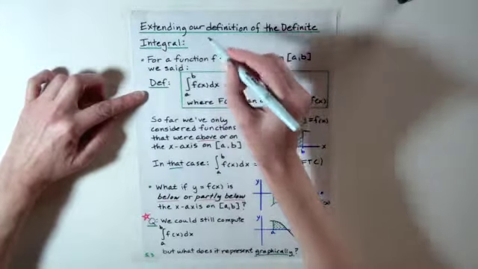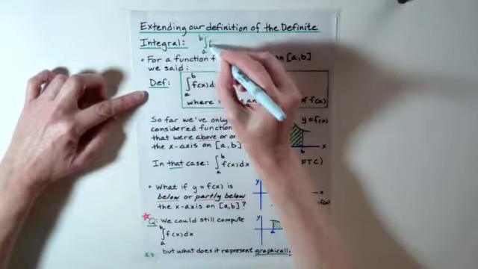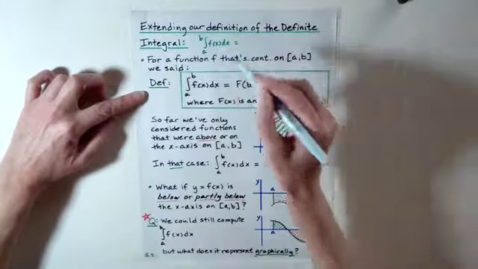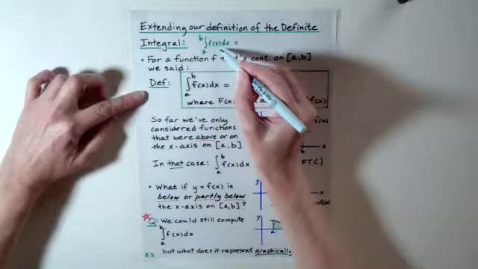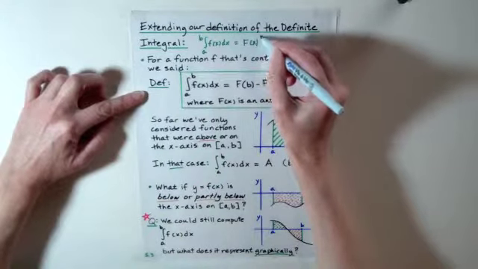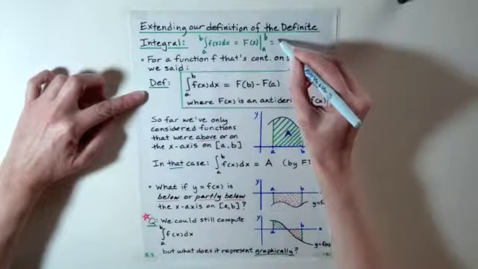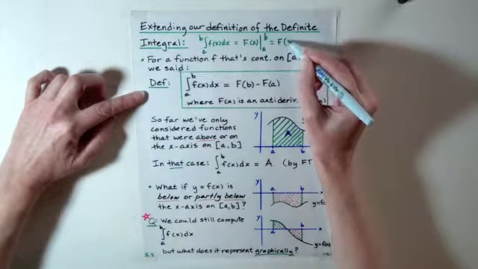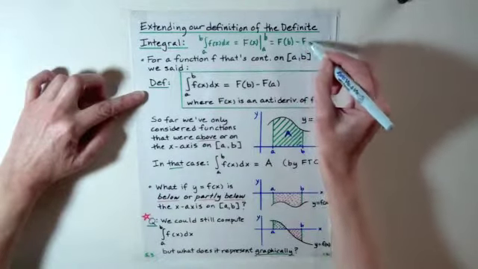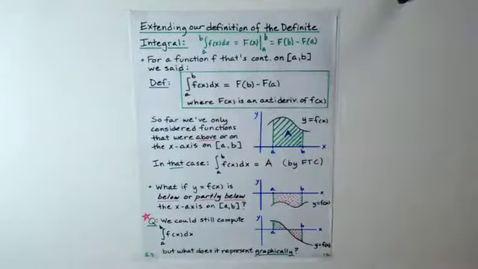This is our ultimate definition, but normally, if I'm integrating from a to b little f of x dx, the steps we take are first we find an antiderivative of little f, that gives me capital F of x, and then I evaluate that at my limits of integration. So I always plug in the upper limit first, capital F of b, and then plug in the lower limit, capital F of a, and I subtract those two.